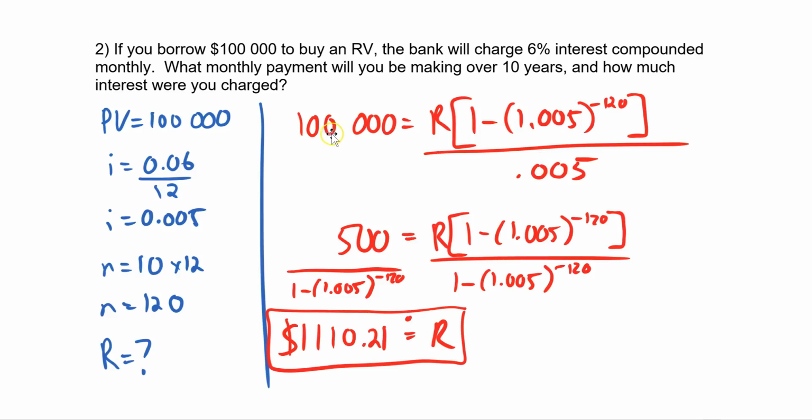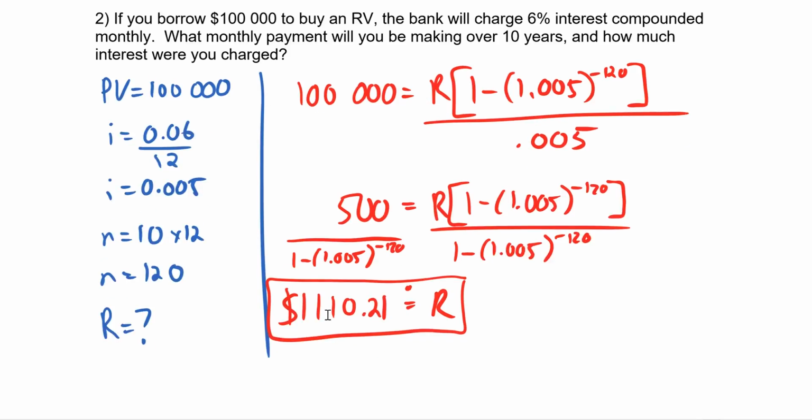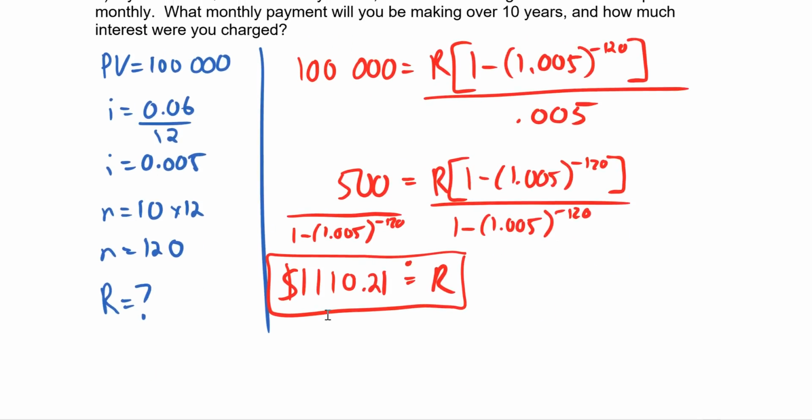I've multiplied the 100,000 by 0.005 to give me 500. And now I divide by 1 minus 1.005 to the power of negative 120 on both sides. And this is what the regular payment would have to be, approximately $1,110.21.